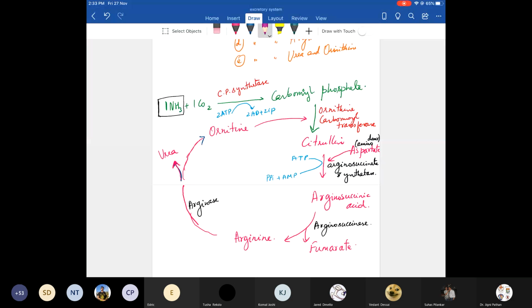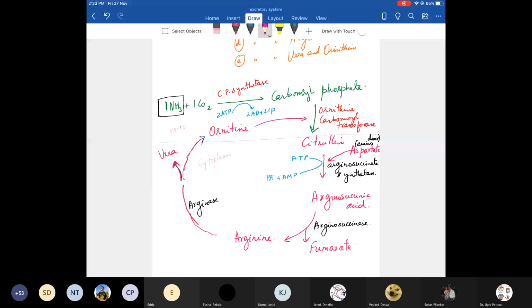This takes place in the liver cells; half takes place in the mitochondria, and the other part is in the cytoplasm of the liver cell. Are you getting the point?